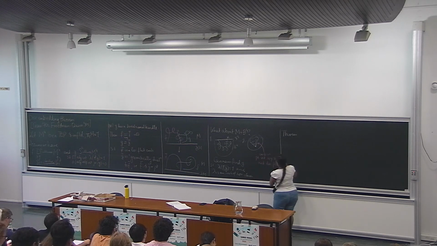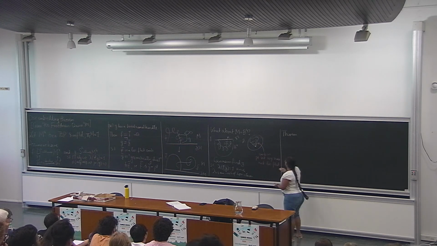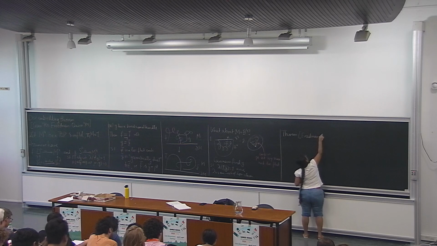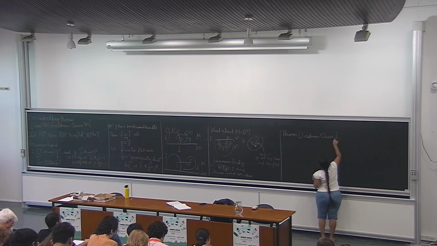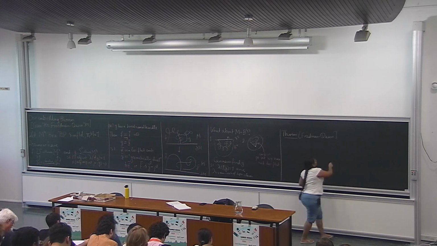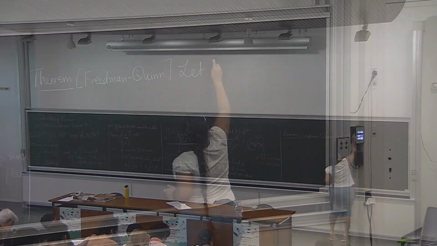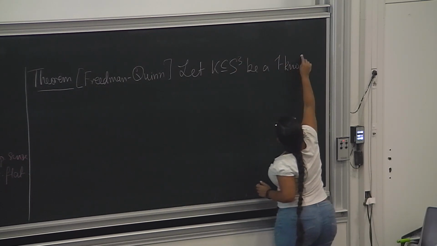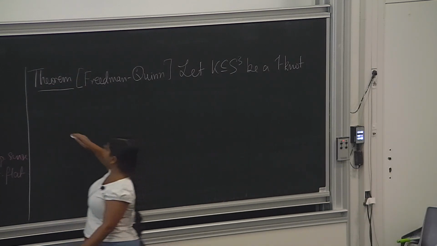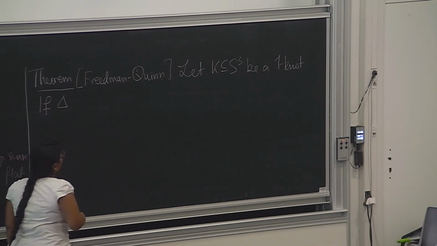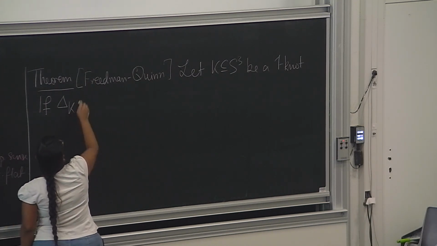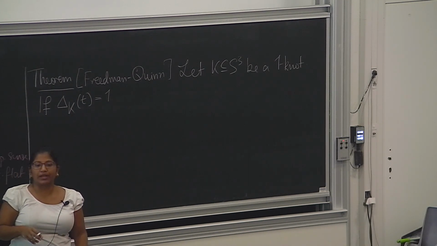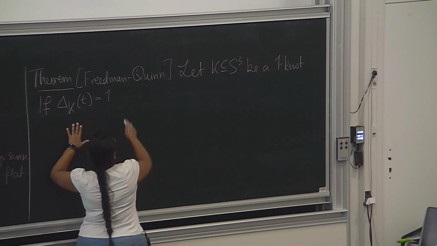And now I'm going to tell you you can use it to slice knots in B4, because there's the following theorem of Freedman and Quinn, which says that if you have a knot in S3, if the Alexander polynomial of your knot is 1, and remember we defined the Alexander polynomial yesterday in terms of the Seifert matrix, then your knot is topologically slice.